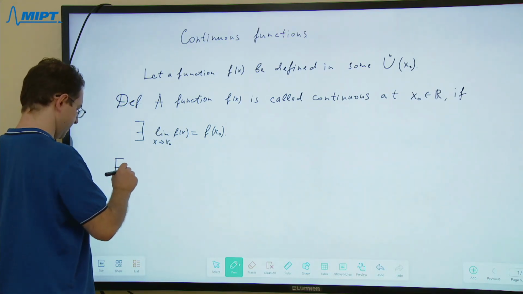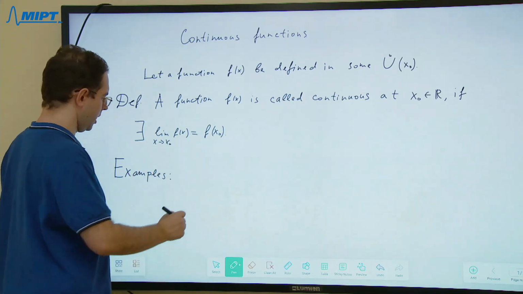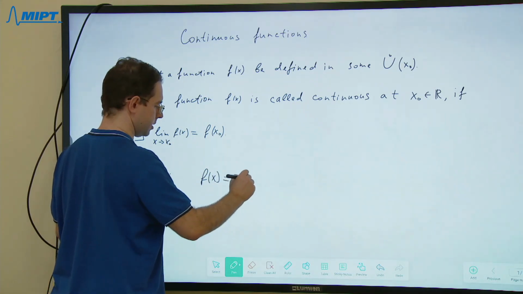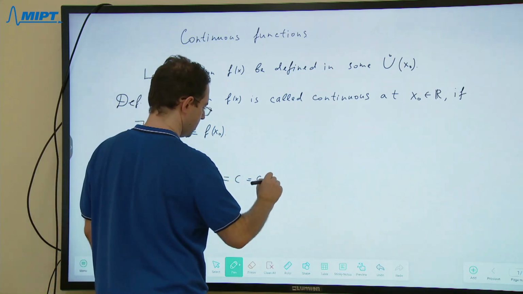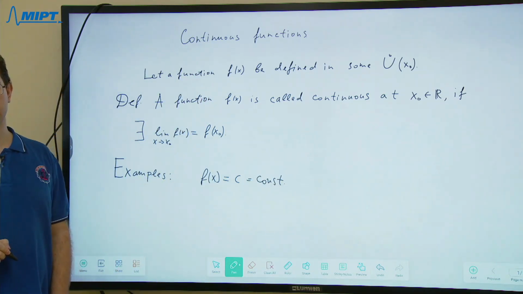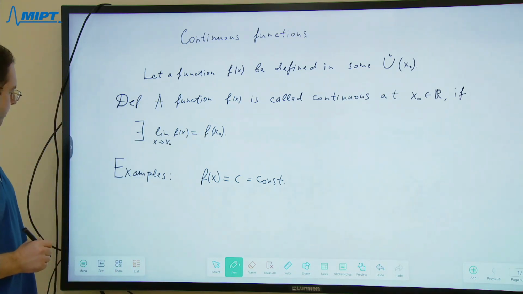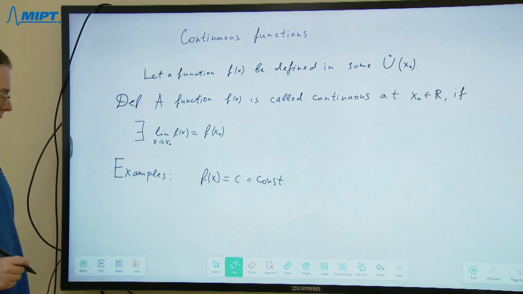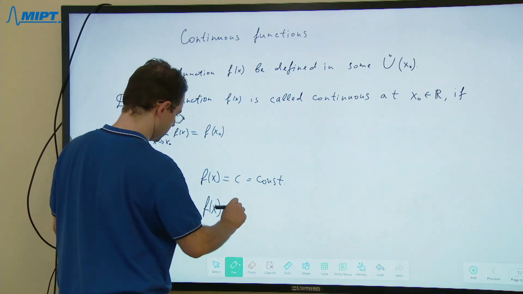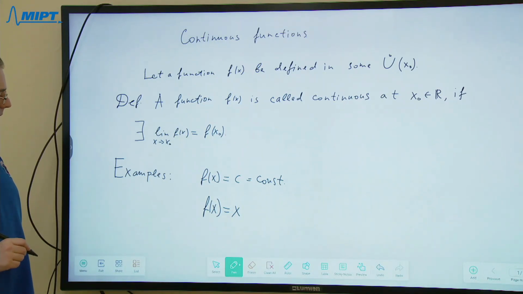Examples. A function f of x that is just a constant is a continuous function. You can easily see that there exists this limit and it equals the same constant. f of x equals x is also a continuous function.